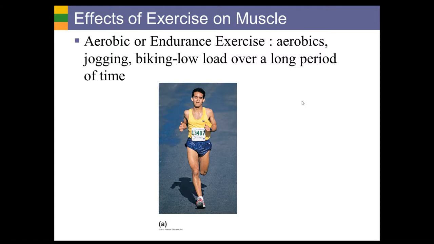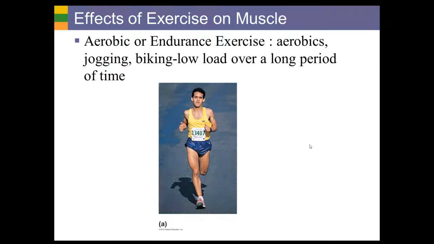So what limits how long you can engage in aerobic or endurance exercise? Like what limits how long you can do aerobics or how long you can jog or how long you can bike before you're just completely fatigued? Well, what limits it is how quickly your muscles can produce ATP.